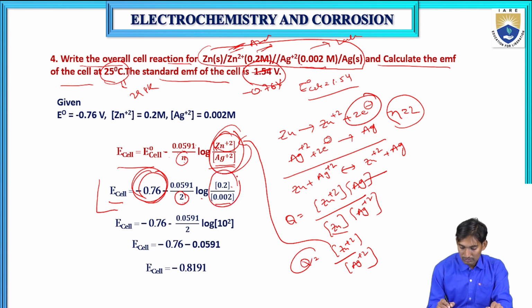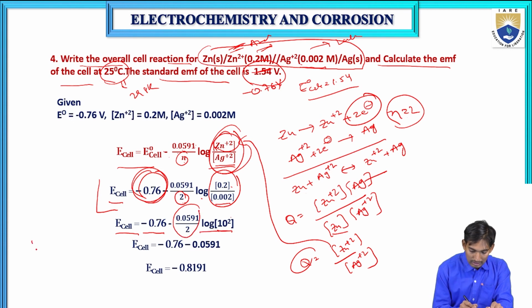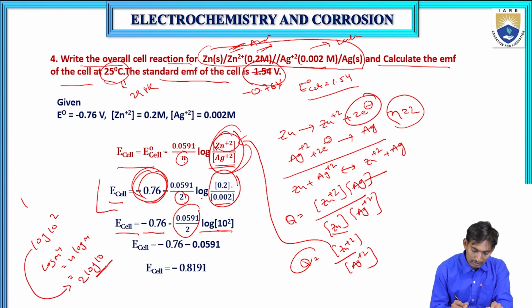If you calculate this, you will get 10 square. Then E cell equal to minus 0.76 minus 0.0591 divided by 2 log 10 square. Log 10 square, we can write using log of m power n equal to n into log m. So log 10 square becomes 2 into log 10. Log 10 is nothing but 1, so 2 into 1 becomes 2.